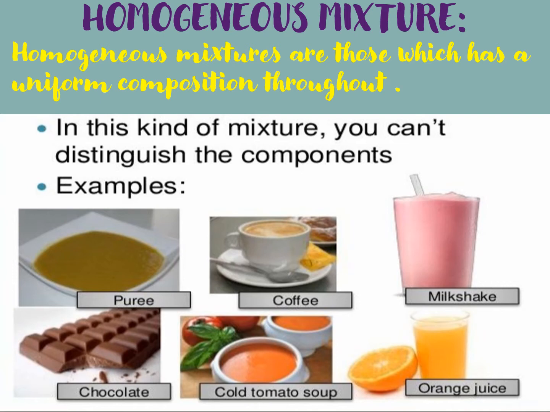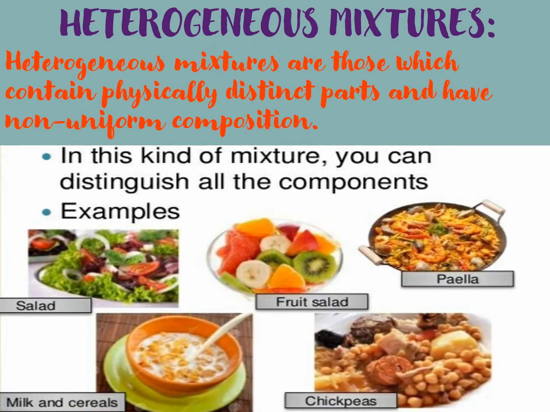Proceeding towards the heterogeneous mixture. From the above activity, we can also conclude that heterogeneous mixtures are those which contain physically distinct parts and have a non-uniform composition throughout. In this kind of mixture, you can distinguish all the components.